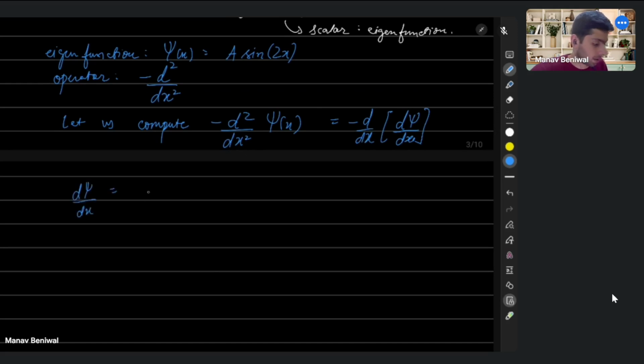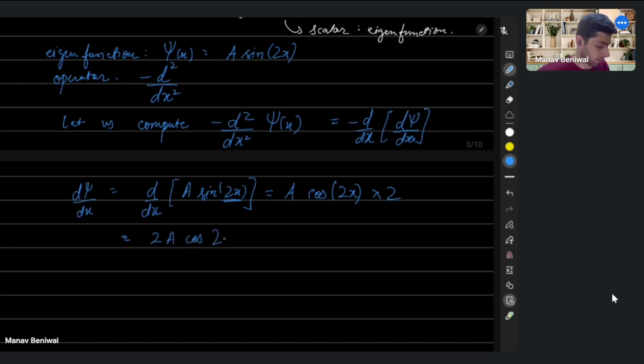Now d psi by dx will be d by dx of a sine 2x, and we will simply differentiate this. a is a constant, it will come out. Differentiation of sine is cos, and then we multiply by 2 because of the chain rule. Here we have 2x, so a factor of 2 will also come. Then this becomes 2a cosine 2x.